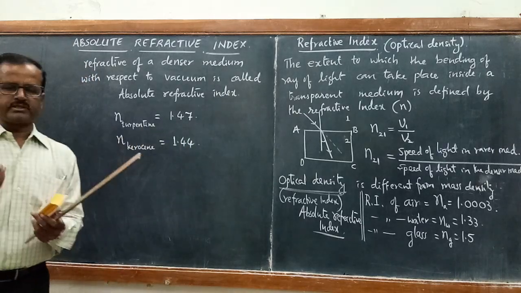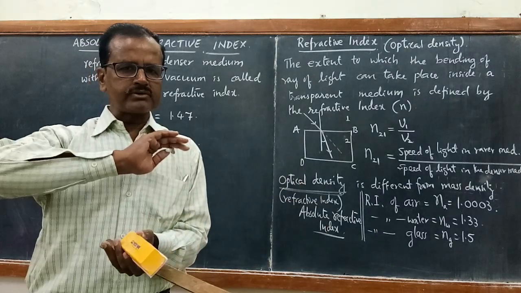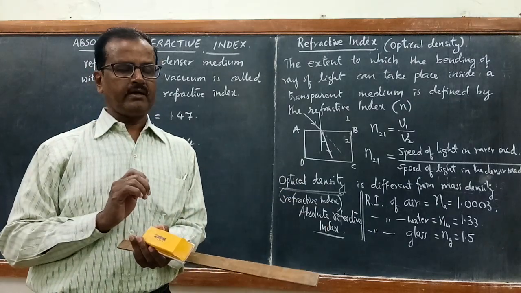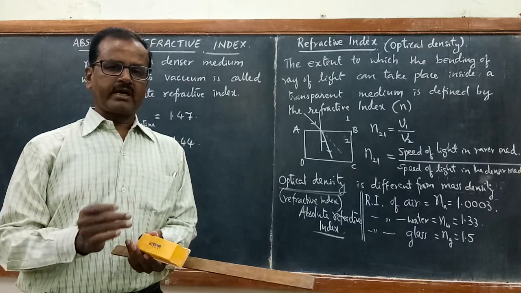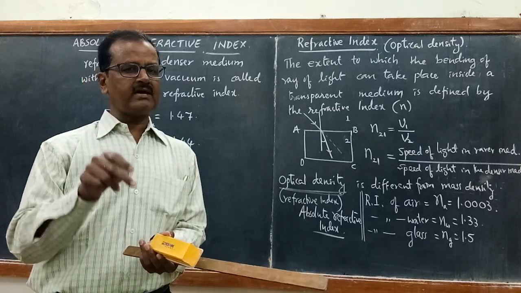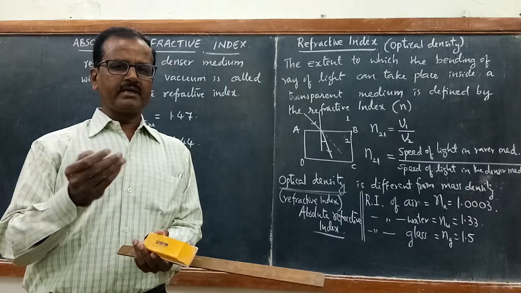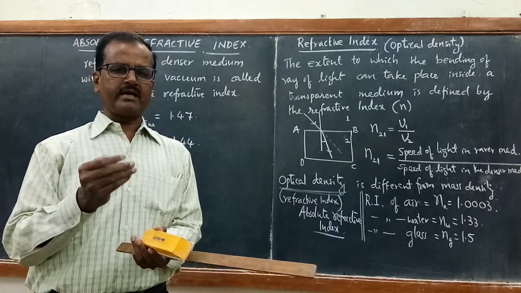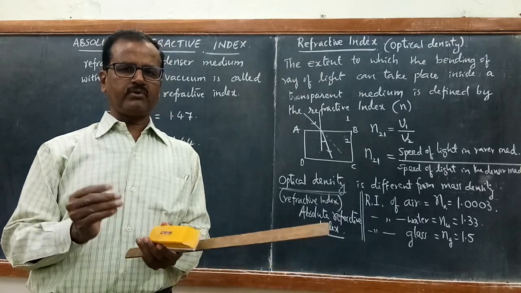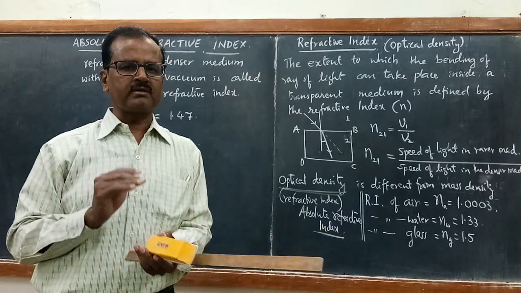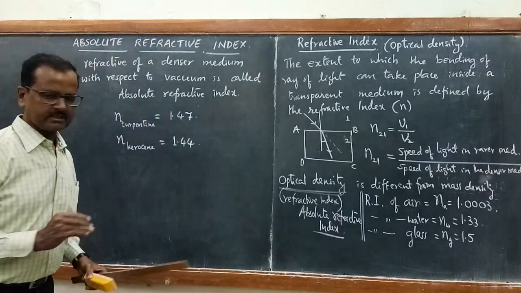When you take kerosene inside water, you know kerosene floats on the surface of water. Why does kerosene float on the surface of water? Because kerosene has a lower mass density than water. Being lighter, its mass density is less than water. Therefore, kerosene floats on the surface of water. But you see its optical density.